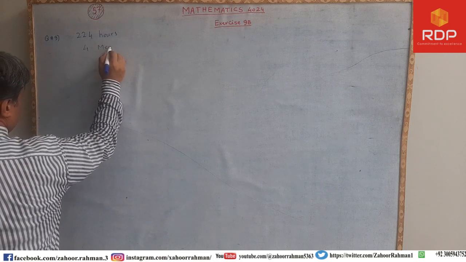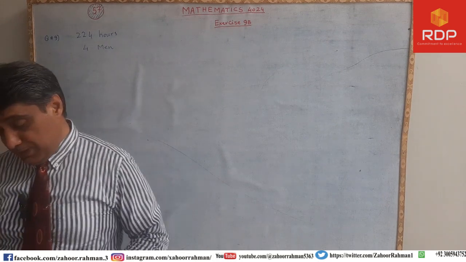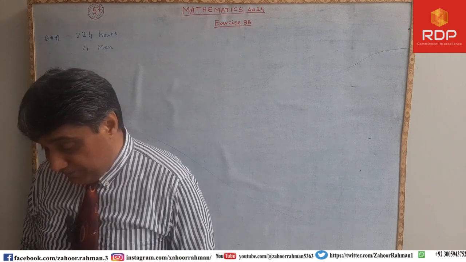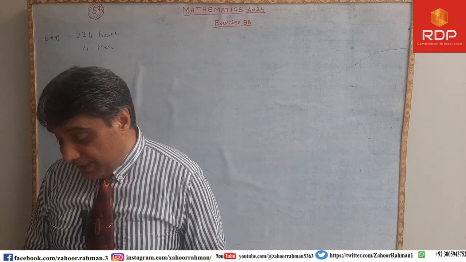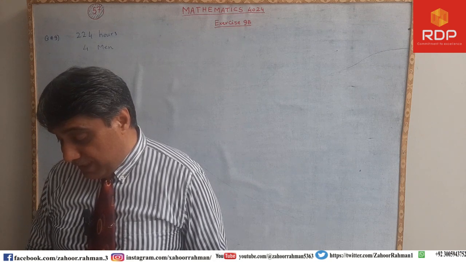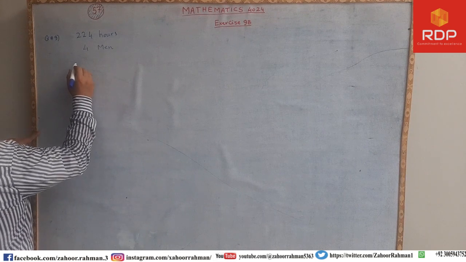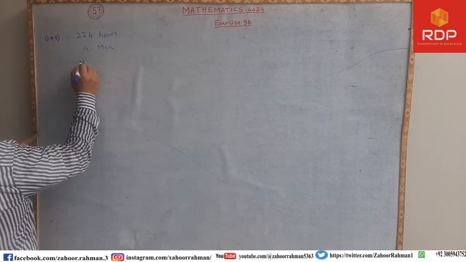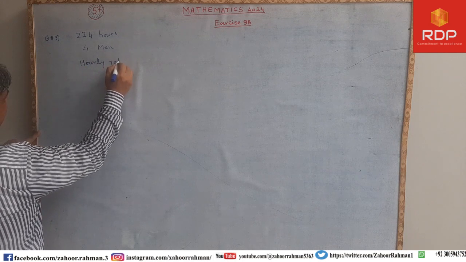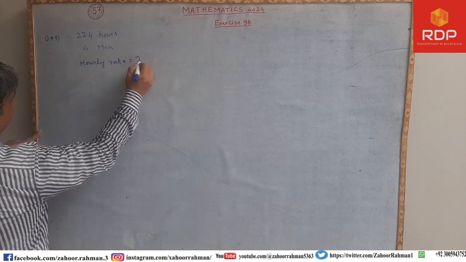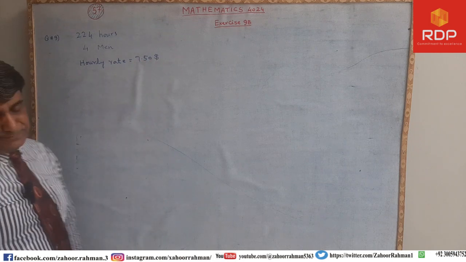These are the useful information I am writing for you people. Four men are employed for this project. Number one, the hourly rate of each man is $7.50.